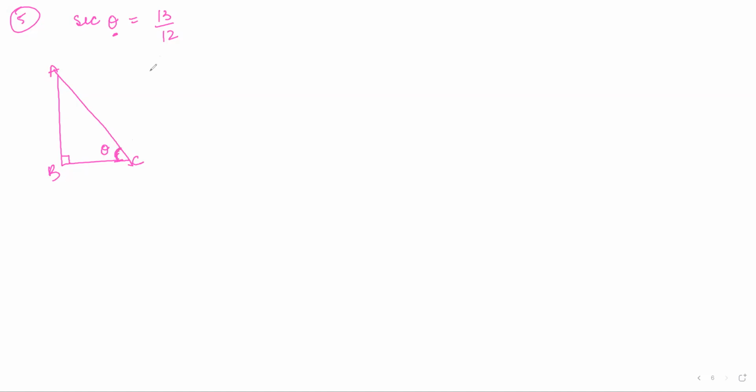So one of the ratios is given. Sec theta is inverse of cos, meaning hypotenuse upon base. So that is AC divided by BC, and this ratio is 13 by 12. So it implies that AC is 13 of K and BC is 12 of K. The two sides I've got, 13 of K and 12 of K. Now quickly find the third side, AB.